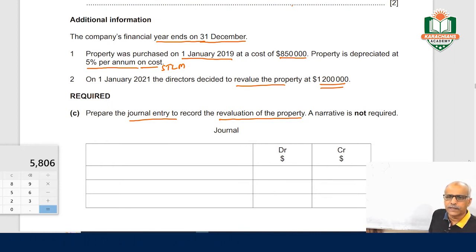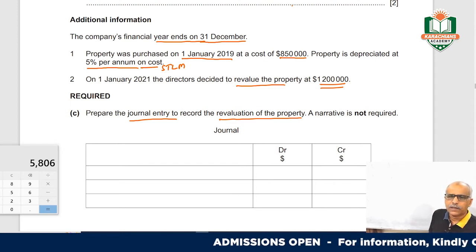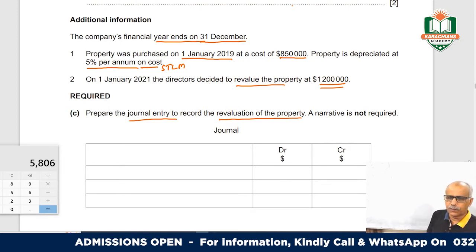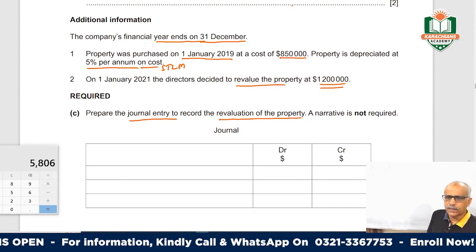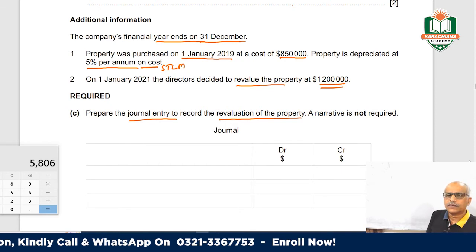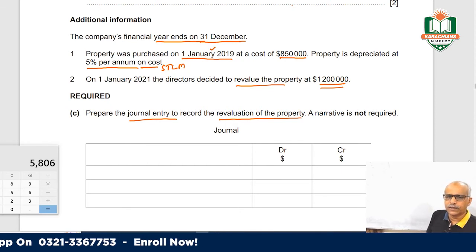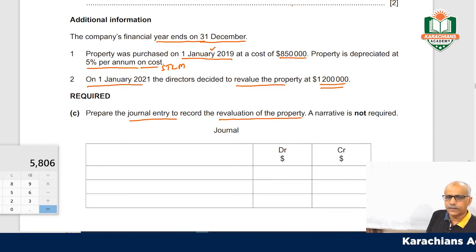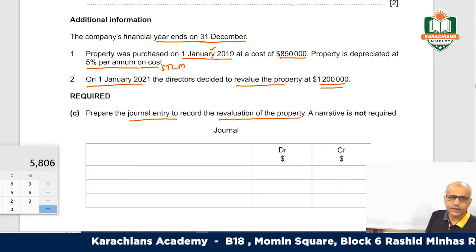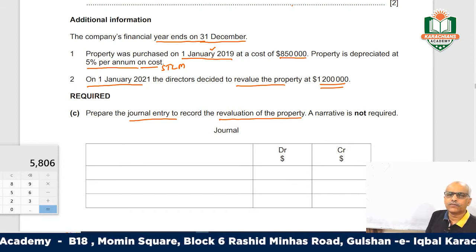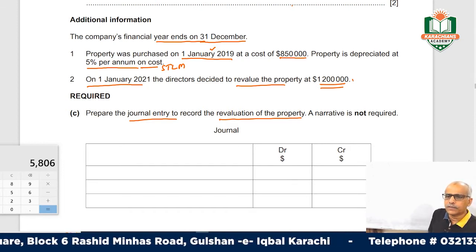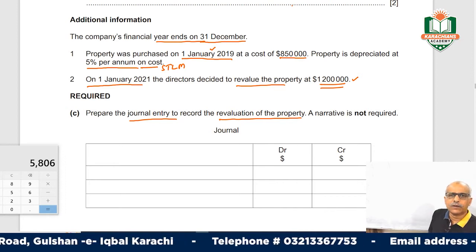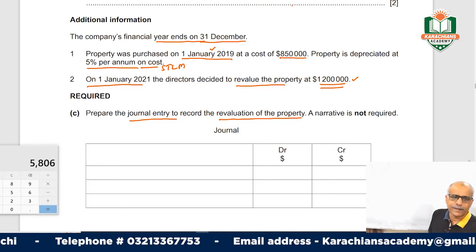But very briefly I can tell you, this is the revaluation of the property. It was purchased on 1st of January 2019, and when you are revaluing it on 1st January 2021, 2 years have passed. So we will see the current book value of this asset, and now they are revaluing it to 1,200,000.